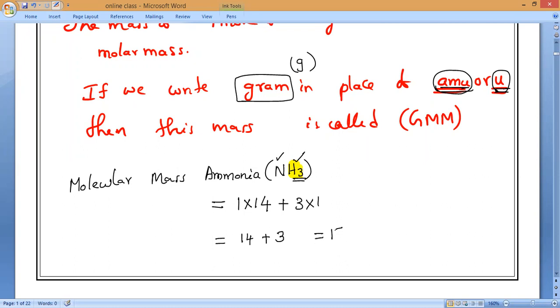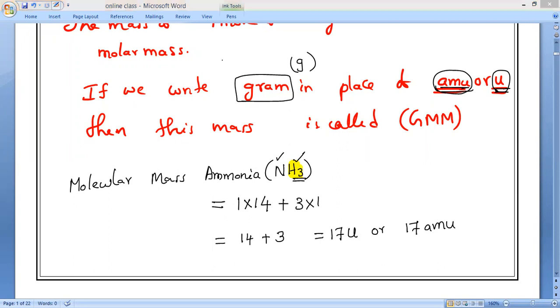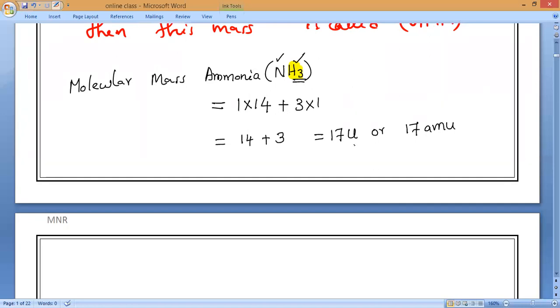Which equals how much, guys? 17, or we say 17 AMU, 17 atomic mass units. Now, in place of U, if I write G, what does G mean? Grams. 17 grams. Understood?